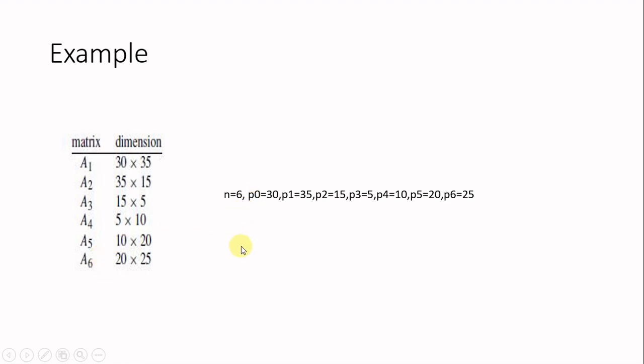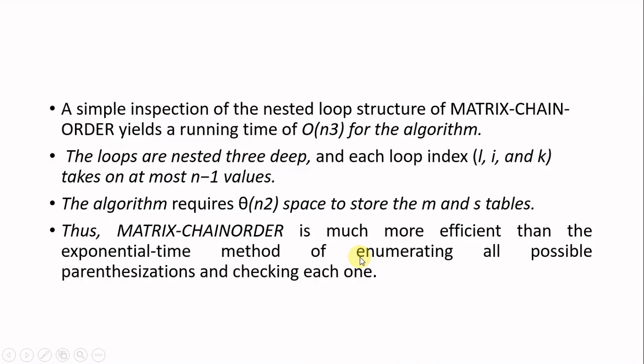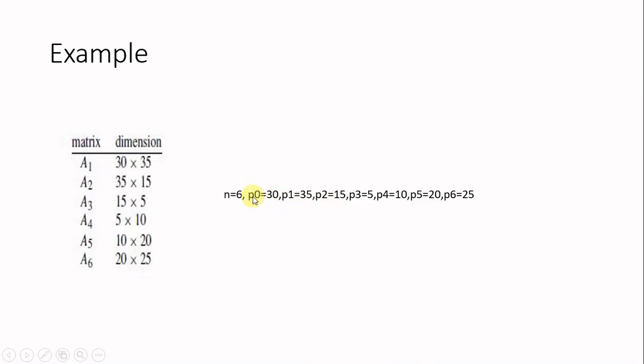Remember, our input sequence is P equal to P0, P1, etc. up to Pn, that is known as P. So here P0 is equal to 30, and P1 is equal to 35, this 35 and this 35. Then P2 is 15, P3 is equal to 5, P4 is equal to 10, then P5 is equal to 20, and P6 is equal to 25.